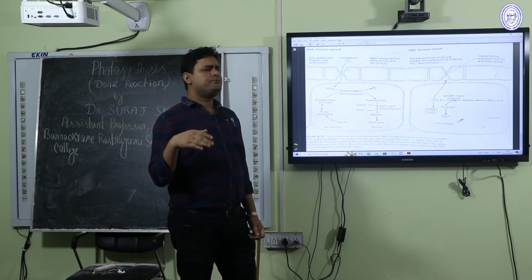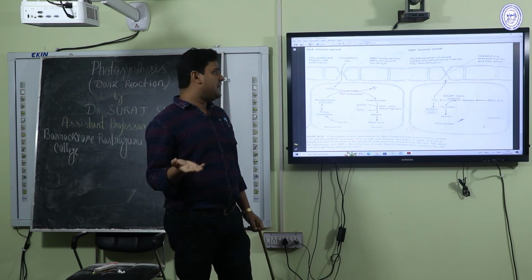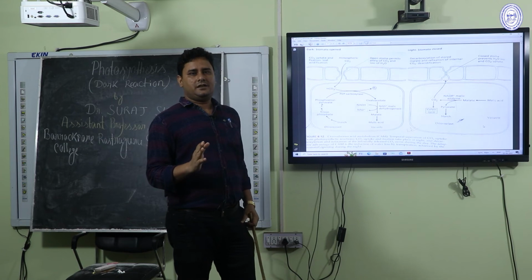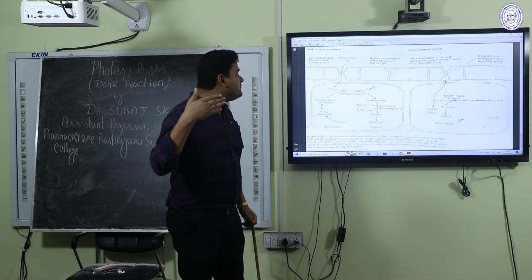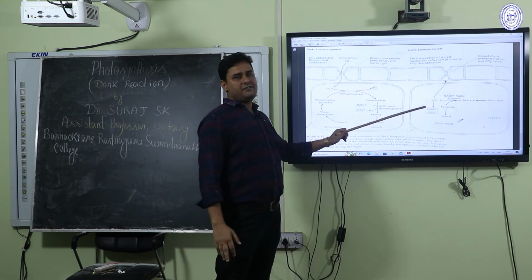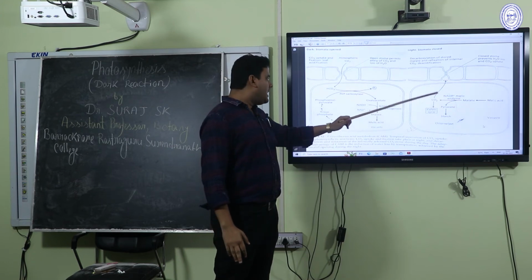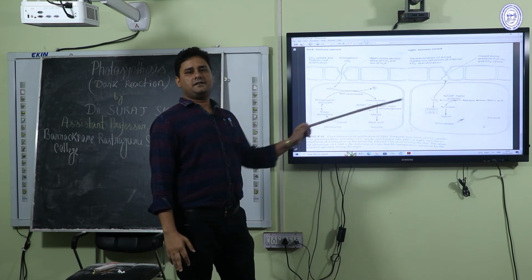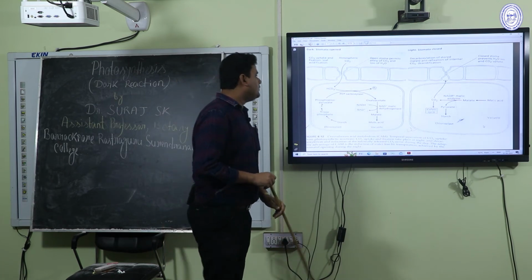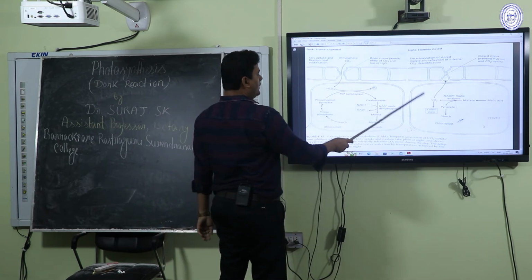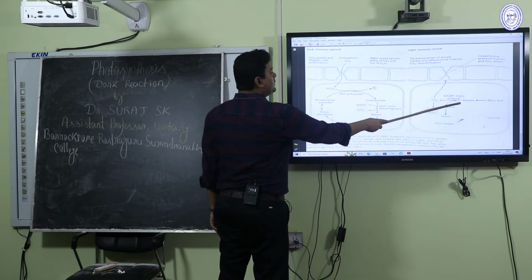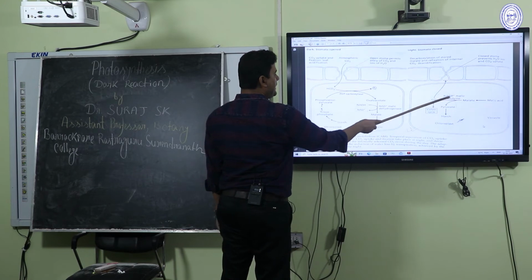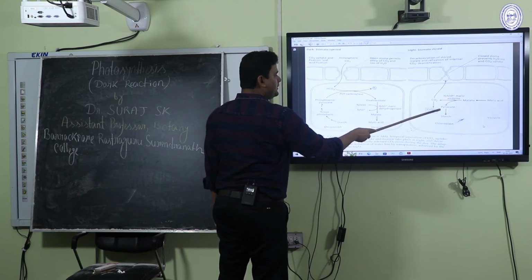Ultimately, we see that all the plants follow the Calvin cycle. But how? With the help of these procedures. Now malate, with the help of malic enzyme, will be converted into pyruvate.